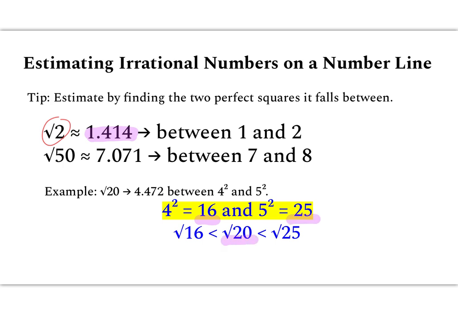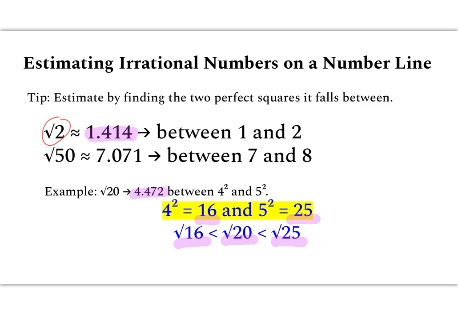Well, 20 is in between 16 and 25. As you notice, it's really in between. It's neither close to 16 nor to 25. It's almost at an equal distance. Therefore, as you can see, the number is 4.472. So here you could have estimated 4.5.